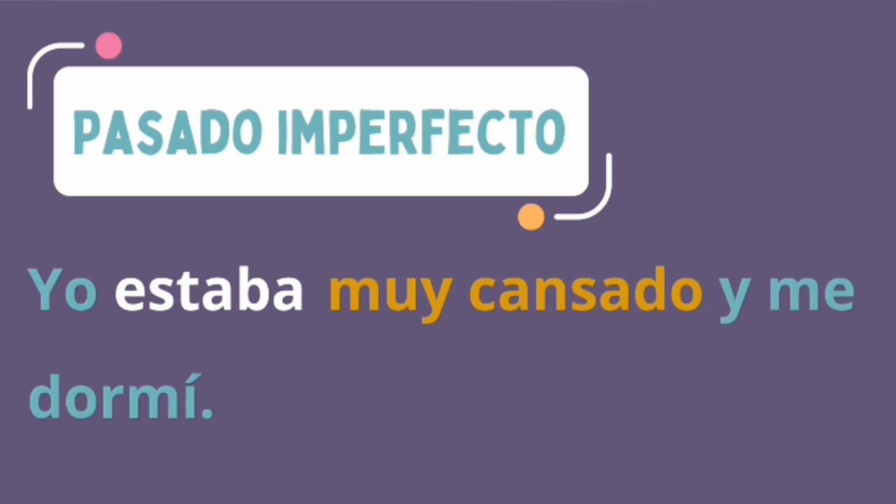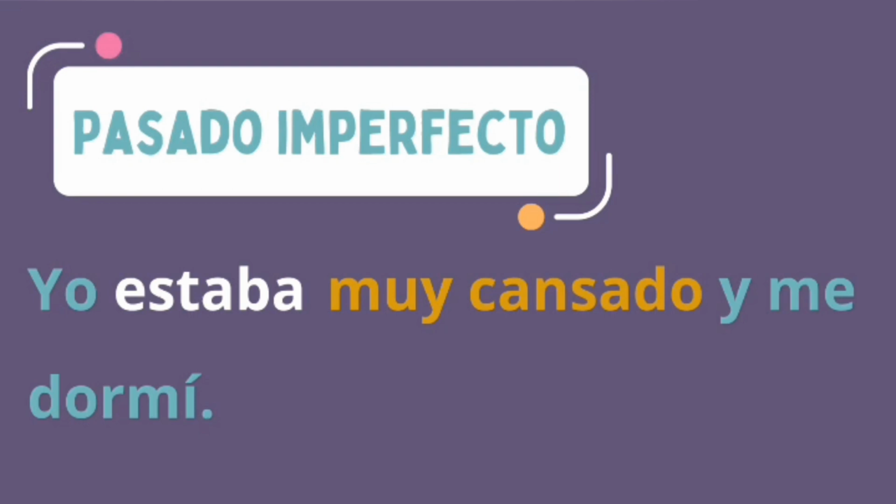All right, here we have this sentence. I was very tired and I fell asleep. Here you're talking about how you were in terms of physically, you know, the mood you had. So if you're talking about that, then that means you gotta use this verb in the imperfect past form. Estaba. I was very tired.